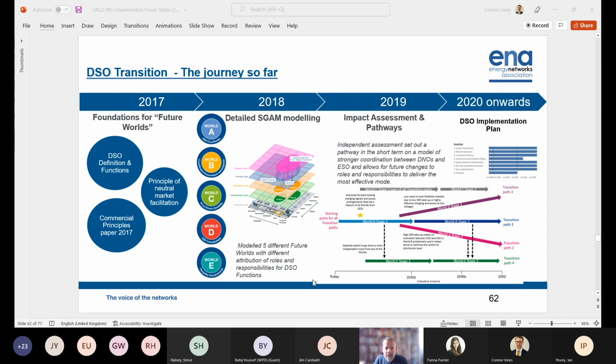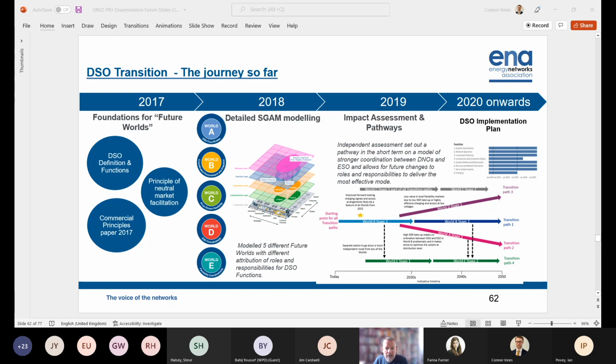We then moved into assessing the impact of those worlds and the pathways, and we settled in the short term on this model of stronger coordination between DNOs and ESO and joint operation, which we felt allowed for future changes to roles and responsibilities, and didn't set anything in stone.